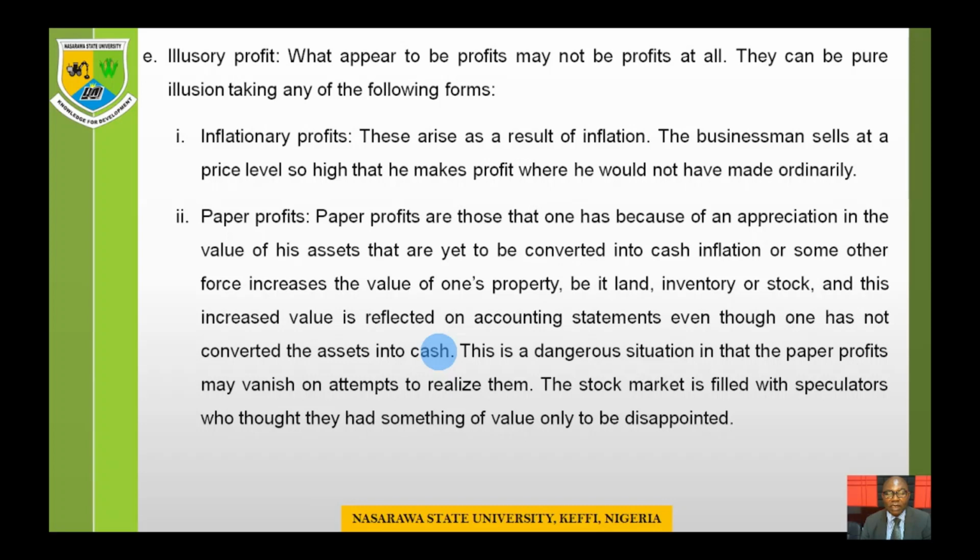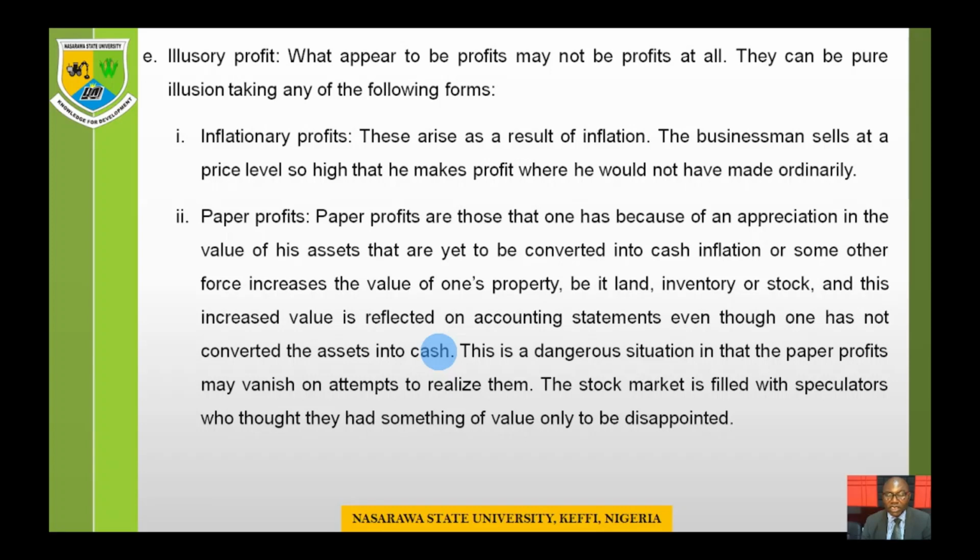Paper profits are those that one has because of an appreciation in the value of his asset, the asset of the organization or the firm, that are yet to be converted into cash, or some other force increases the value of one's property, be it land, inventory, or stock, and this increased value is reflected on the accounting statement, even though one has not converted the asset into cash.